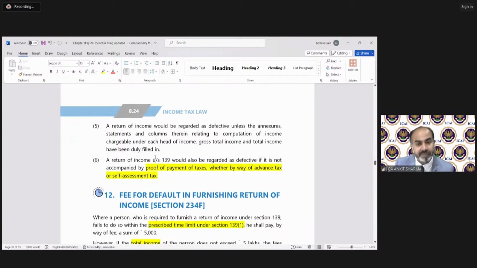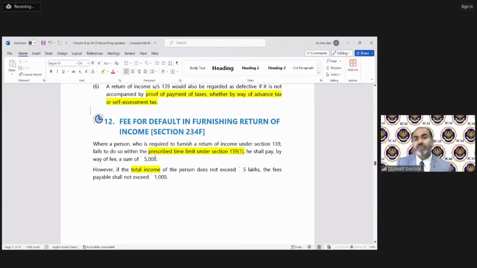Fees for default in furnishing return of income: there is a penalty which needs to be paid if you are not able to file the return up to the last date prescribed by the department in different scenarios. If you are not able to file the return up to the due date, that is 31st of July, 31st of October or 30th of November, then a penalty applies. If you file a return after these dates, you are liable to pay a fee of rupees 5,000.